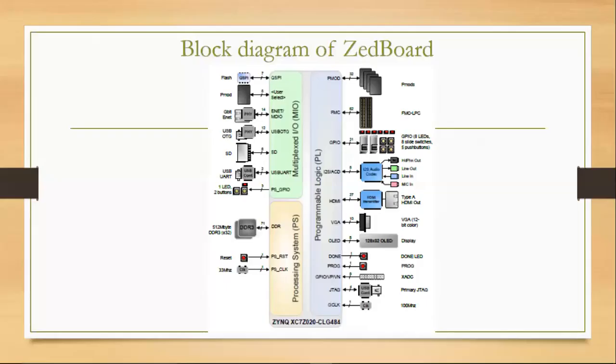From this diagram, we can observe that it has a global clock of 100 megahertz on the programmable logic side, and a processing system clock for the ARM processor of 33 megahertz and a reset pin, and a DDR3 RAM of 512 megabytes for this processing system.